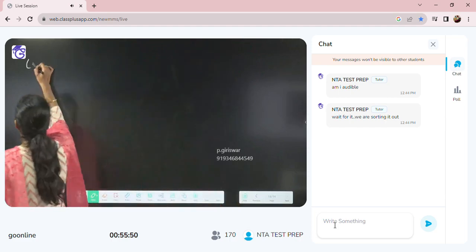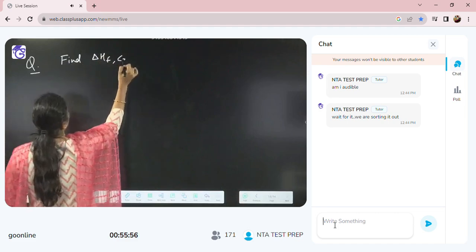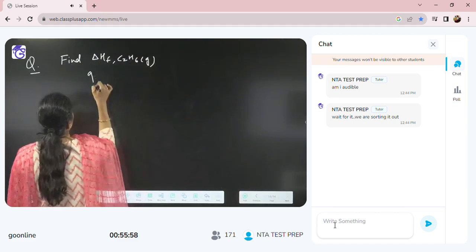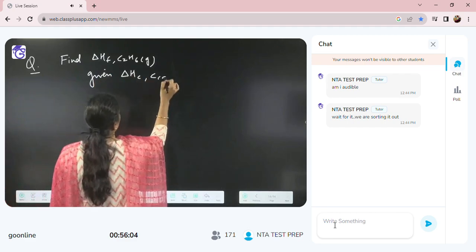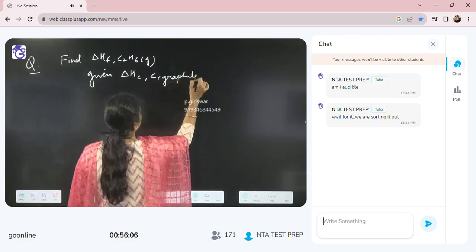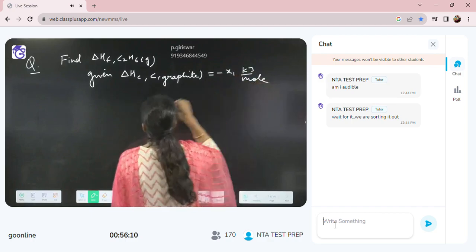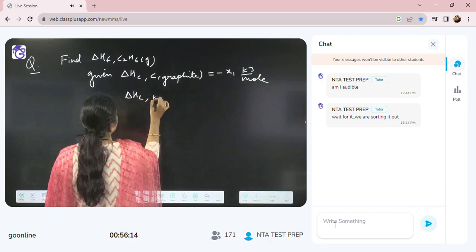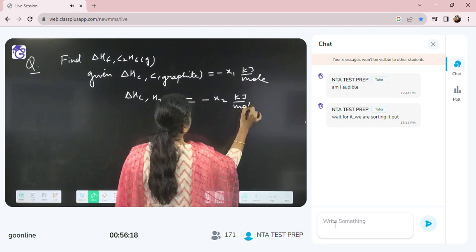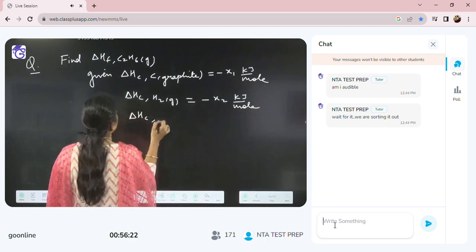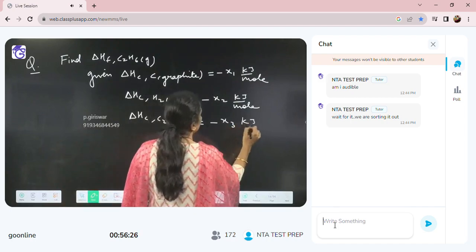Then the next question: find the enthalpy of formation of C2H6 gas. Given the enthalpy of combustion of carbon in the graphite form is minus x1 kilojoule per mole, similarly the enthalpy of combustion for hydrogen gas is minus x2 kilojoule per mole, and the enthalpy of combustion of C2H6 in the gaseous form is minus x3 kilojoule per mole.